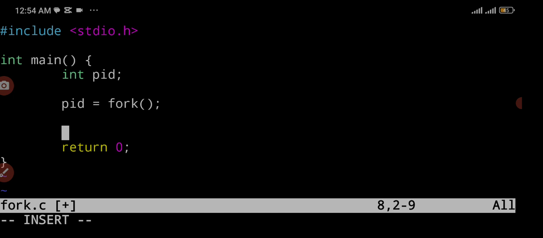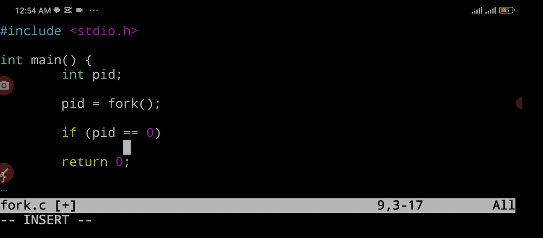To tell which is the child process and which is the parent process, I would love to use the if statement. I will say if pid, which is the return value of the fork function, is equal to 0, then it means we are in the child process. Once it returns 0, that means we are in the child process.